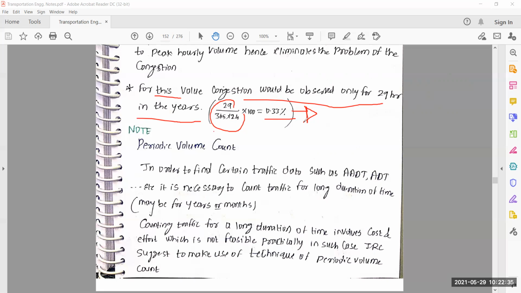Now, next, these are various very important points. The first one is periodic volume count.